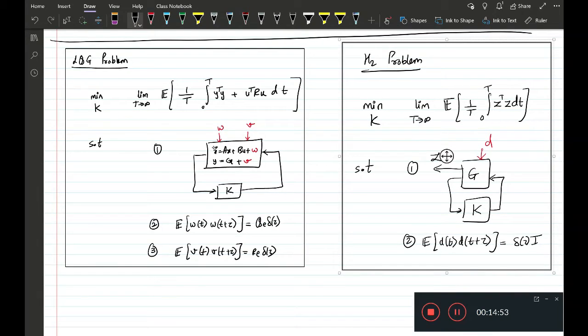And now the idea is to pose the H2 problem such that it solves an LQG problem.